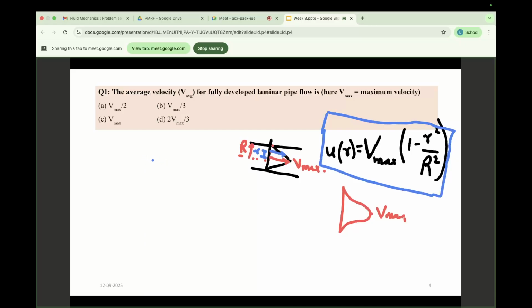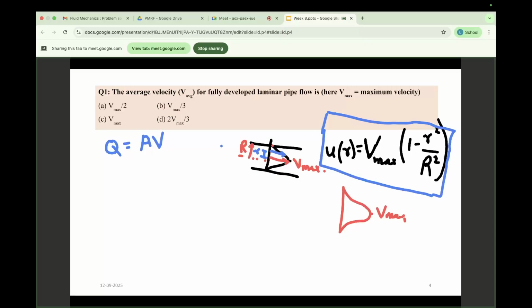Okay. Now, if I talk about this maximum velocity, you have studied, if I have to find out Q, what is Q? That is volume flow rate. We know that volume flow rate is A into V, right?